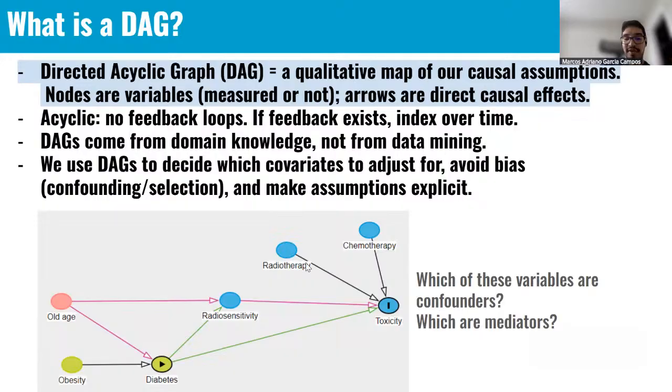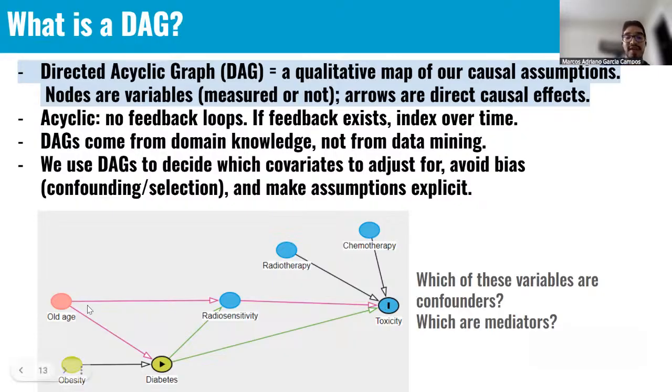I have radiotherapy and chemotherapy, which will imply toxicity, but radiotherapy does not cause diabetes directly. I don't have a connection pathway here. But I know if I have diabetes, I have more radiosensitivity, and the radiosensitivity causes the outcome, toxicity.